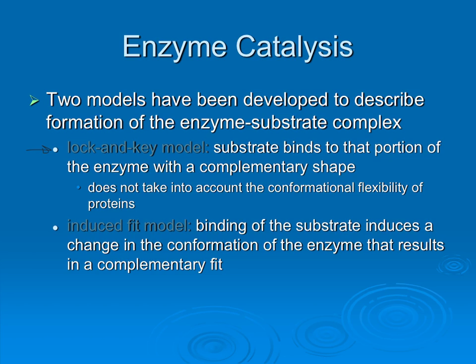It literally means you'd have a lock and a key, so the substrate would be the key that goes into the enzyme lock, and everything would be fine and dandy. It had perfect complementarity. However, if that's true, then it would never want to leave. So instead there's the idea of an induced fit, where substrate binding, or sometimes some other type of effector binding, causes a change in the shape of the enzyme to make it more complementary to the substrate. We're going to talk in greater detail about how this one isn't exactly 100% correct either.